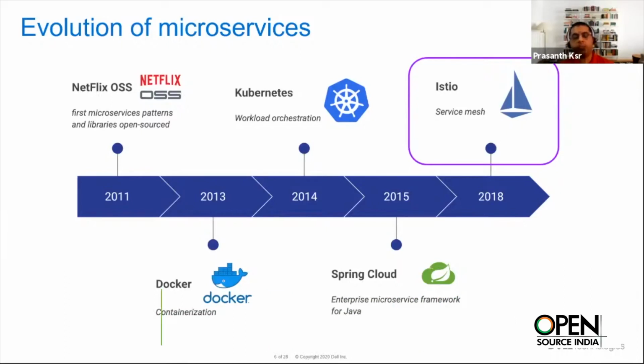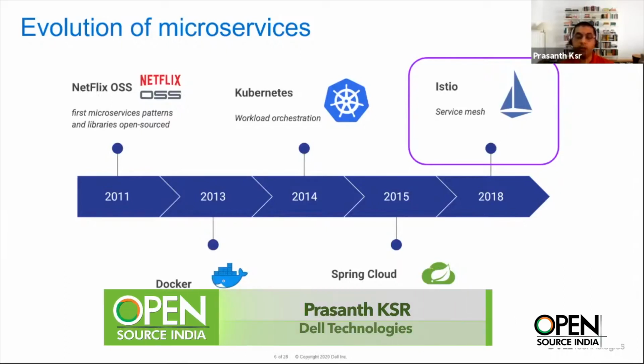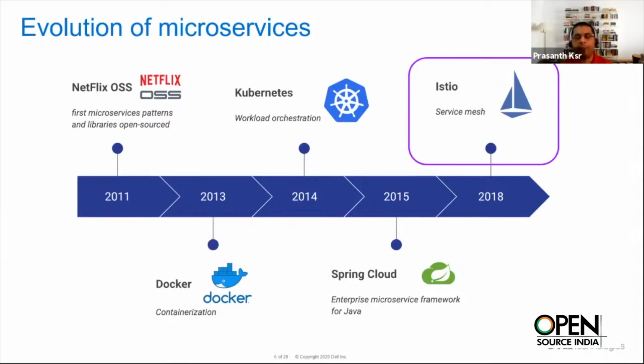Also, there was something called Spring Cloud, which is an enterprise microservice framework around Java. But though many of these things came, the only thing which took my interest was the service mesh, which is Istio. Istio is one such framework which supports service mesh.